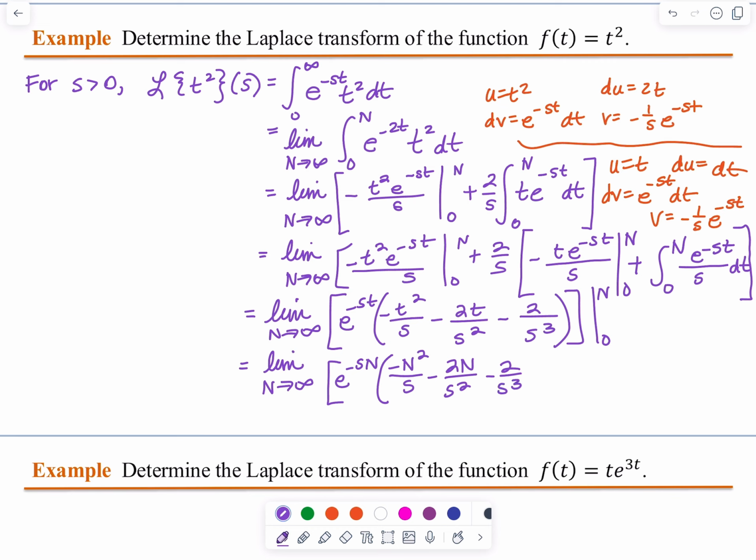So that's plugging n in, and then of course we have minus plugging in a 0, and that will give us a positive 2 over s cubed. And actually, now we're plugging in a 0 into that, so we would have minus an e to the negative sn, all but the last term is equal to 0, plugging in a 0.